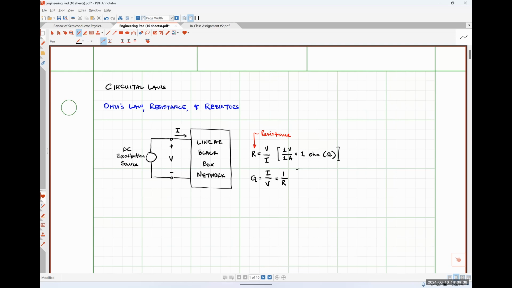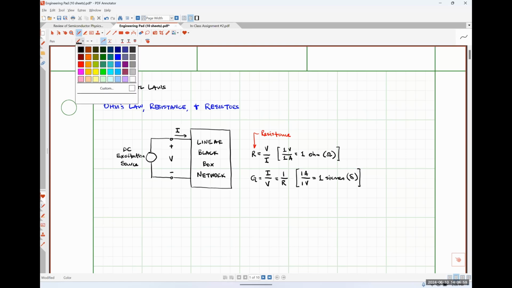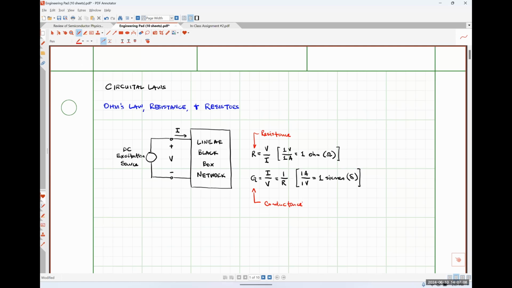So from a units perspective, we have 1 amp per 1 volt, and we call this a Siemens, like the German electronics company. And Siemens has a symbolic representation of a capital letter S. And this G right here stands for conductance.